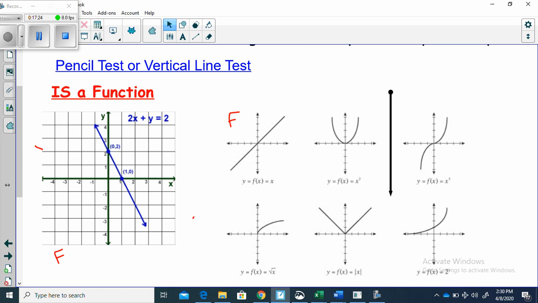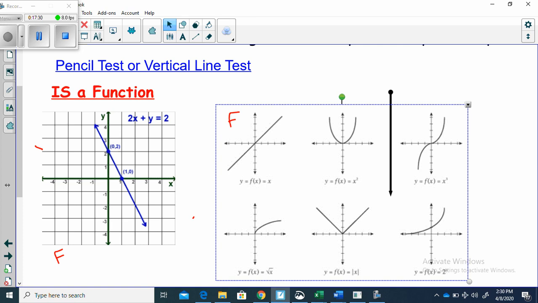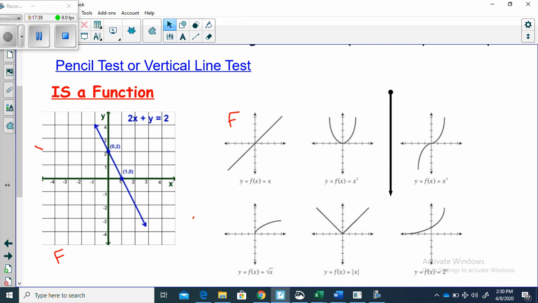Let me see where my pencil is. Well, think of it this way. What if I run this line across it? We're getting there.